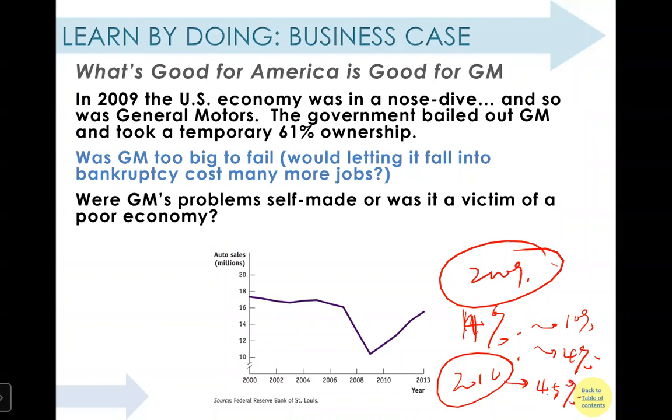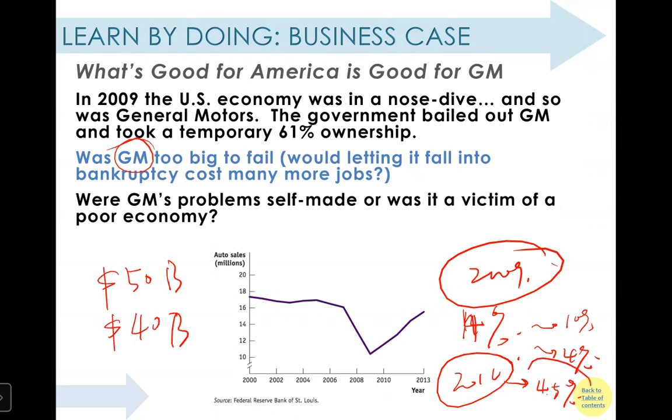The other number: at the end, Congress decided to bail out GM. They sent $50 billion to help them. And in just a few years, they paid back 40 billion.